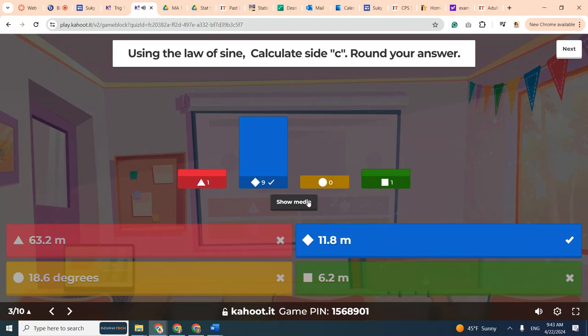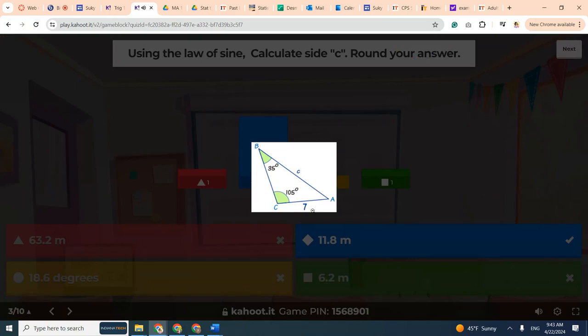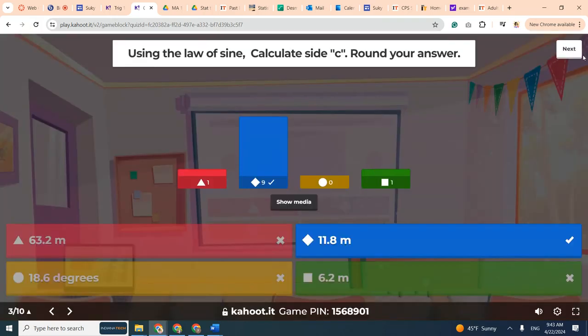Oh, good job. Yes, you use the formula b over sine B equals c over sine C. Therefore, C is b over sine 35 degrees and then multiply by sine 105 degrees. Yes, good job.